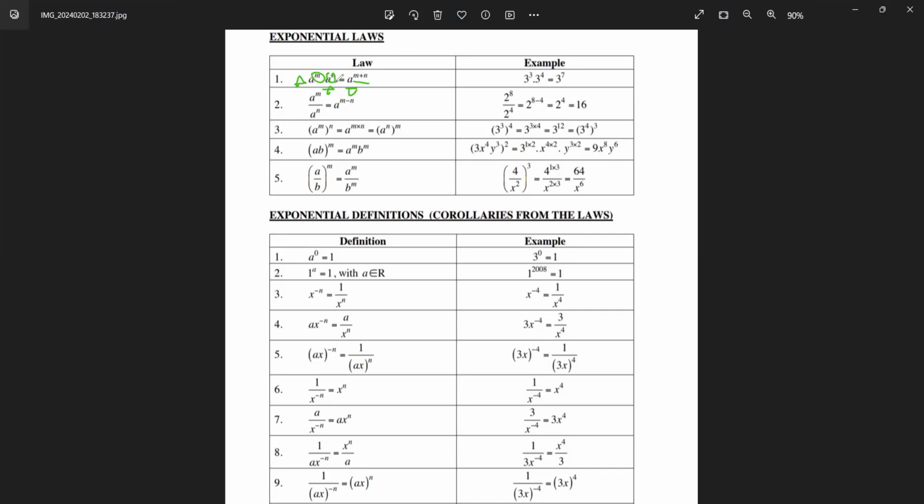The bases are the same, a and a. We add the exponents. As you can see from the example here, they did the same thing.